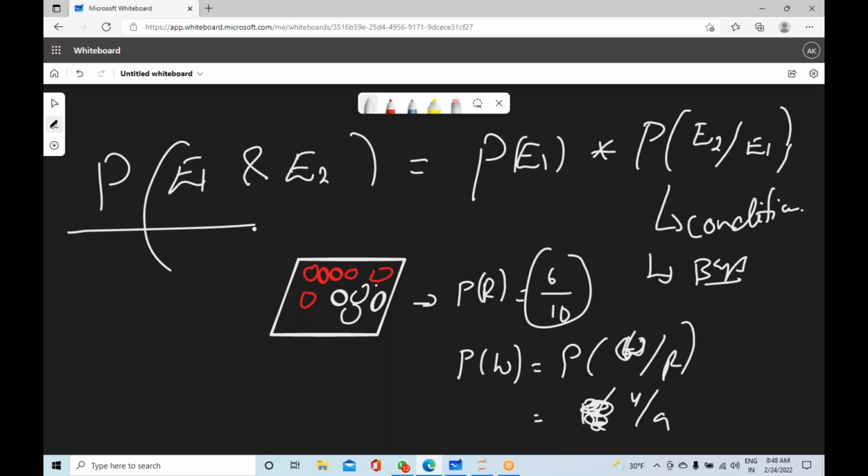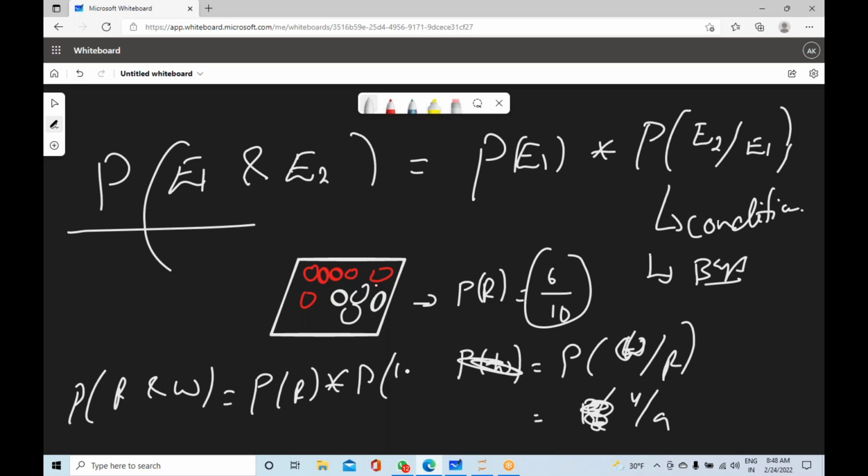So you apply the probability of red and white, which is the probability of red into the probability of white given red. The probability of red is 6 by 10, and the probability of white after picking red is 4 by 9.